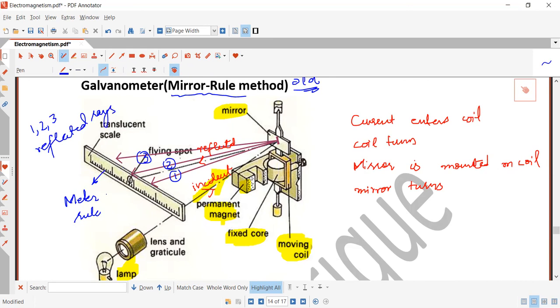Depending upon that, this scale was calibrated. This was the older technology to make the galvanometer and hence the ammeter and hence the voltmeter. Right, students? Okay, let's go further.